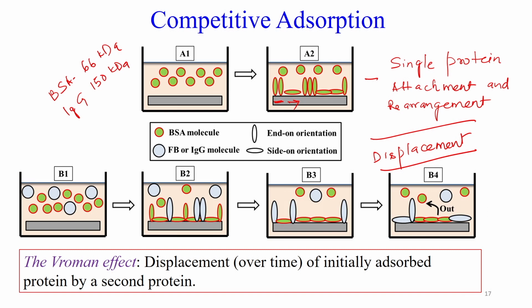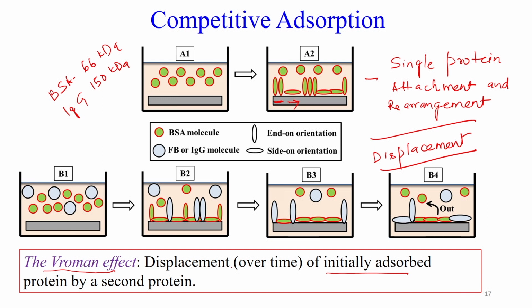Typically, the Vroman effect says the larger protein displaces the smaller, or initially adsorbed, protein with time.